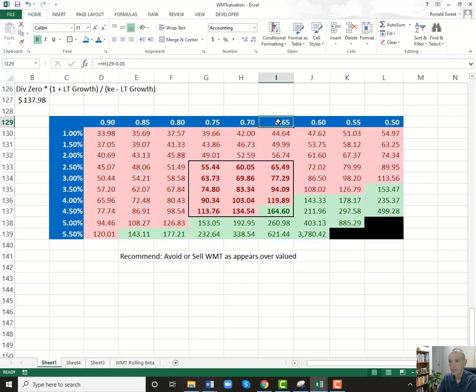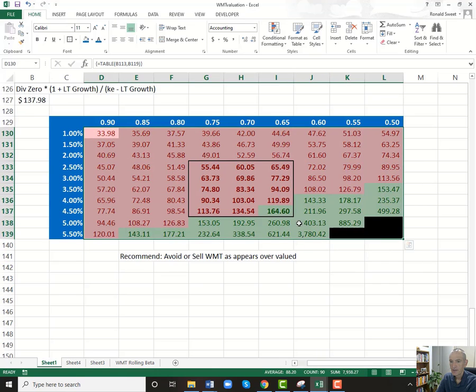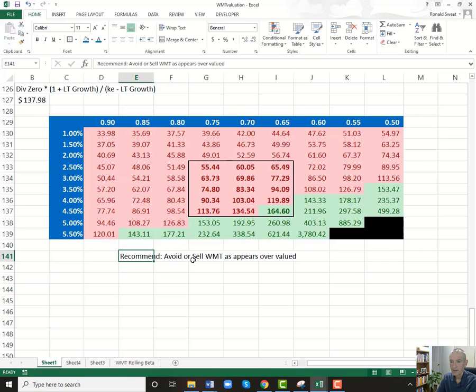That's with a beta as low as 0.65 and growth of 4.5%. But most of the table is pink and doesn't really tell you a strong story for Walmart. They could be worth as little as $50, $60, $69, and they're trading for $137.